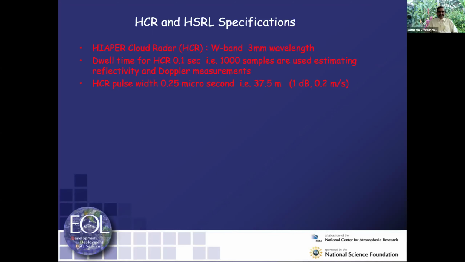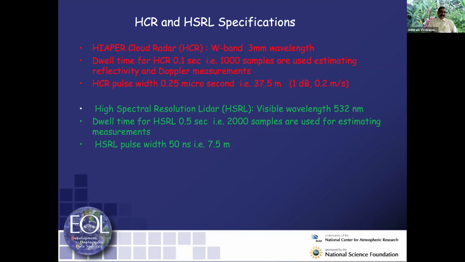The NCAR cloud radar has a 3 millimeter wavelength. Every tenth of a second, you get a dBZ observation. The resolution along the range is about 37 meters. It's a very good, state-of-the-art, highly sensitive radar. We could measure dBZ within a dB, and wind measurements to 0.2 meters per second.